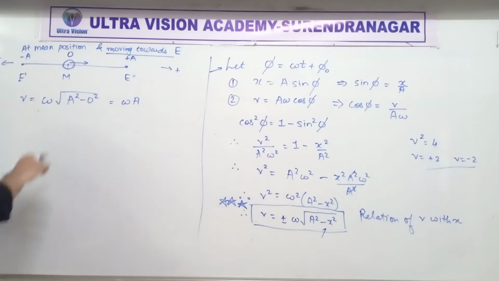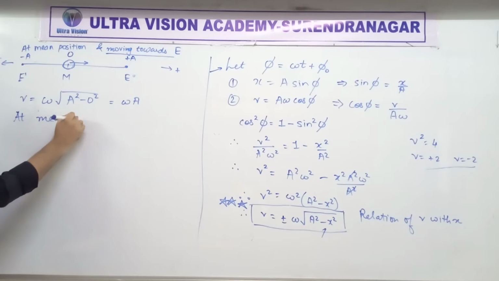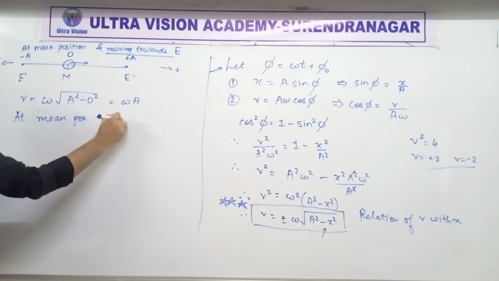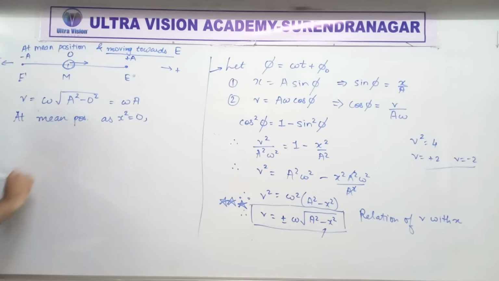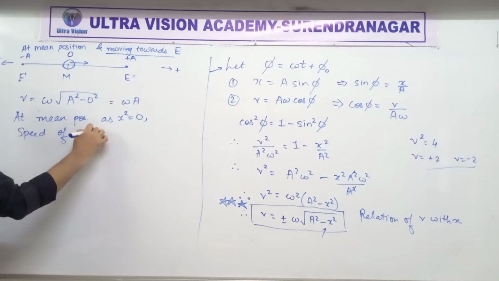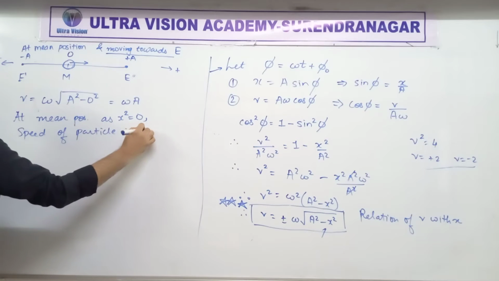So at mean position, as x square is 0, the speed, the magnitude of velocity, which is called speed, is maximum.